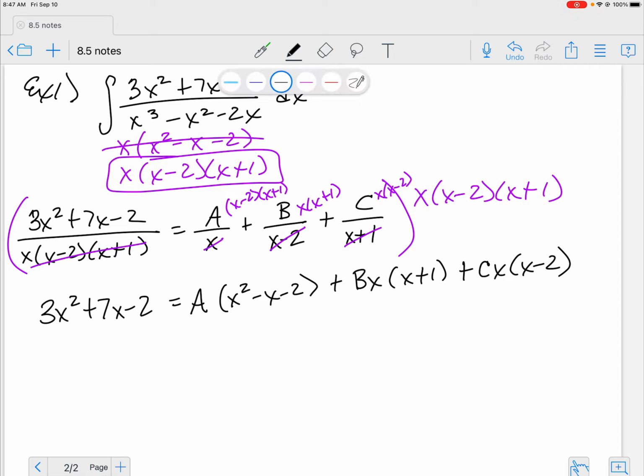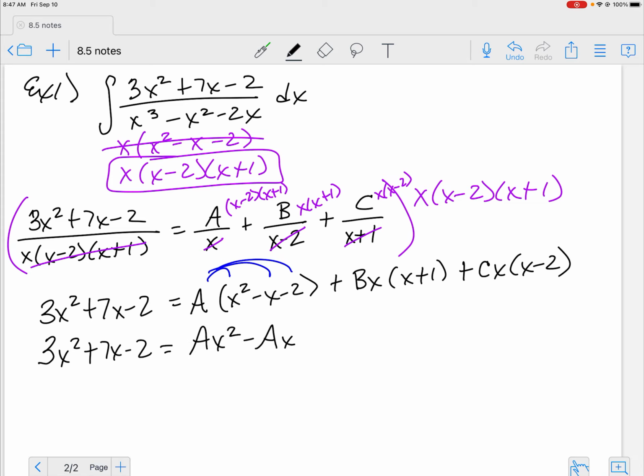Okay, now let's distribute and see what we're working with. So I've got 3x squared plus 7x minus 2 and Ax squared minus Ax minus 2A plus Bx squared plus Bx plus Cx squared minus 2Cx.